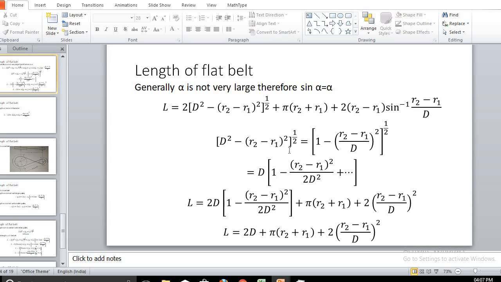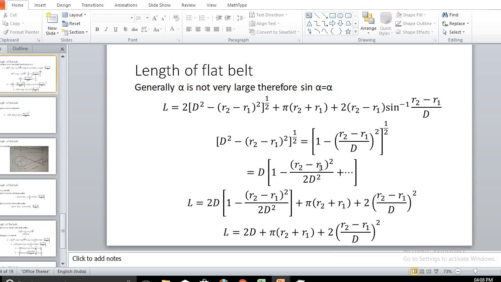Here we take d square common, or divide by d square. After dividing by d square, this becomes 1 minus R2 minus R1 divided by d, whole square, raised to 1 half. Now expanding this.